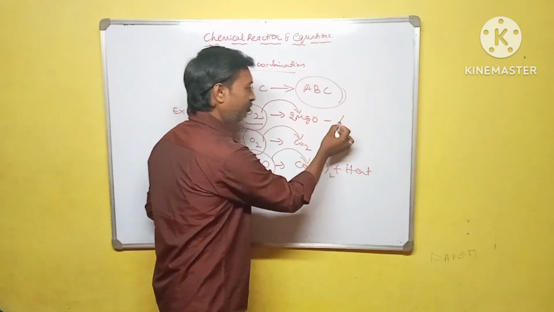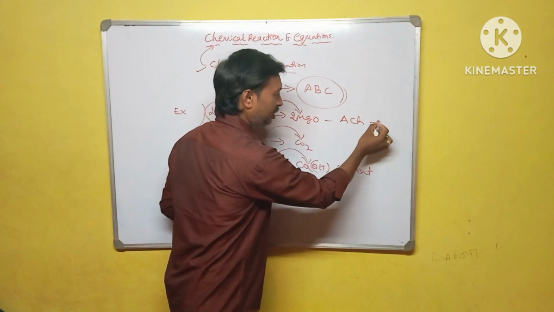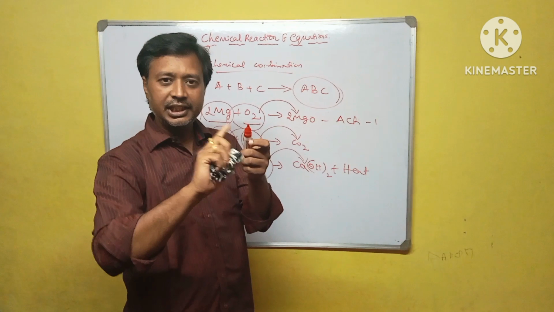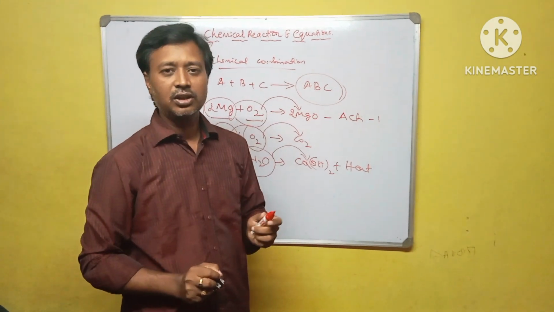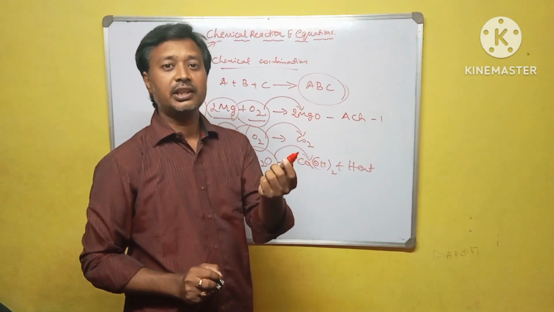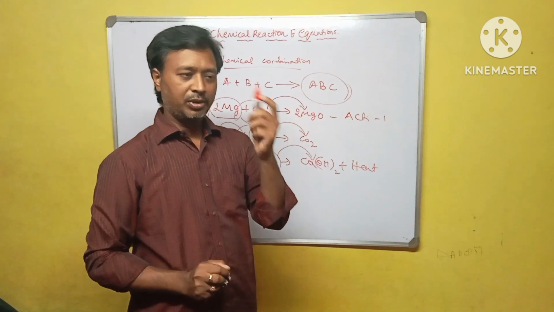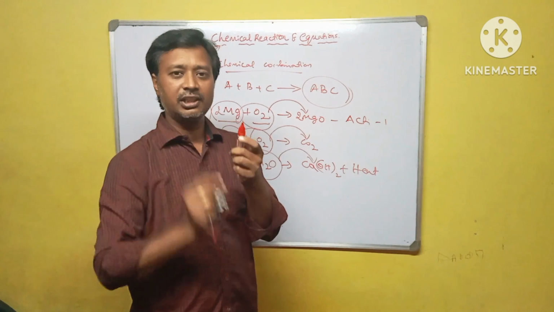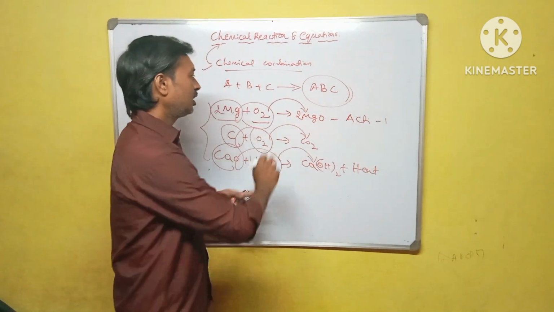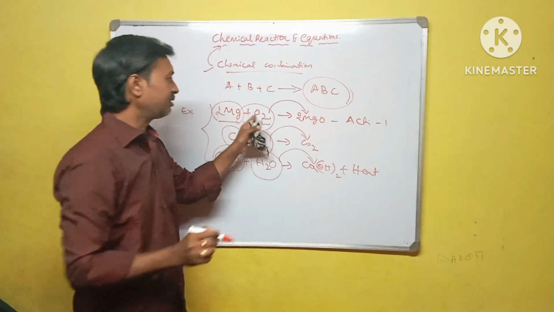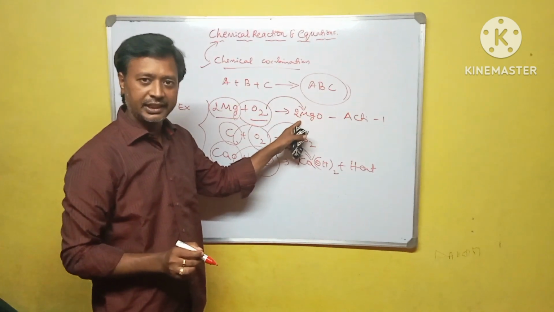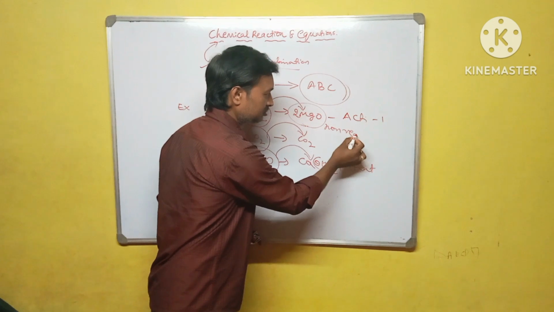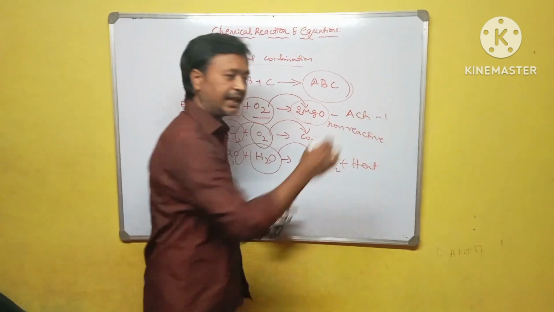In your Activity 1, they have given that the magnesium ribbon should be thoroughly cleaned before burning. Why? They can ask this in the exam. Because magnesium ribbon always reacts with oxygen and forms magnesium oxide, which is non-reactive.